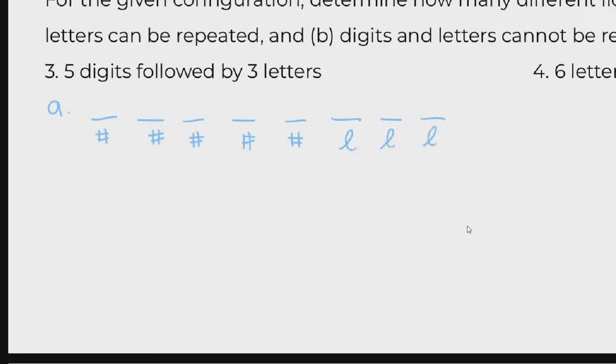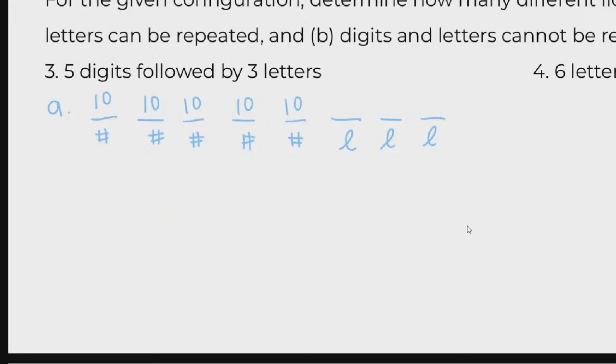So for the number of possible choices we have for digits, there's 1, 2, 3, 4, 5, 6, 7, 8, 9, and 0. So these are the numbers that we can fill in for a digit. And there are 10 choices. So for the digits, there are 10 choices, and since we're allowed to repeat, all of the digits have 10 choices.